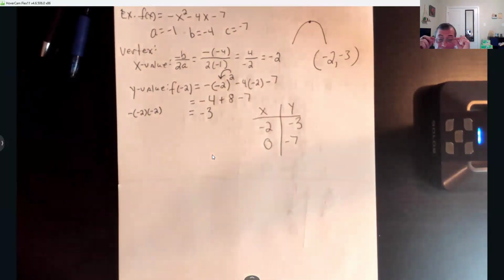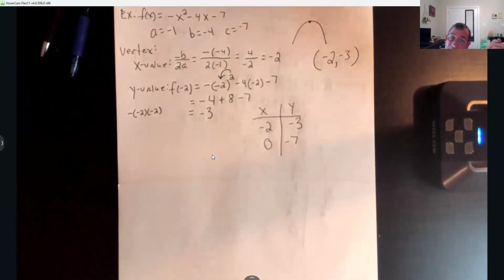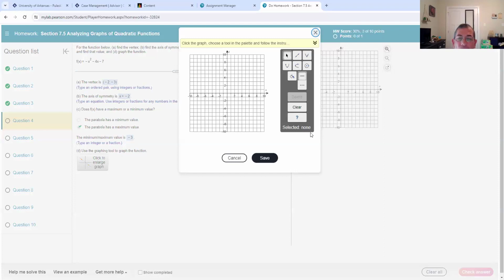So I would probably, since I only need 2 points, even like the one on the fraction while ago, if I'd have used a 0, I could have got rid of that whole thing really quick, okay? So -2, -3, 0, -7. Let's go plot that. So click the enlarge graph, take my parabola.